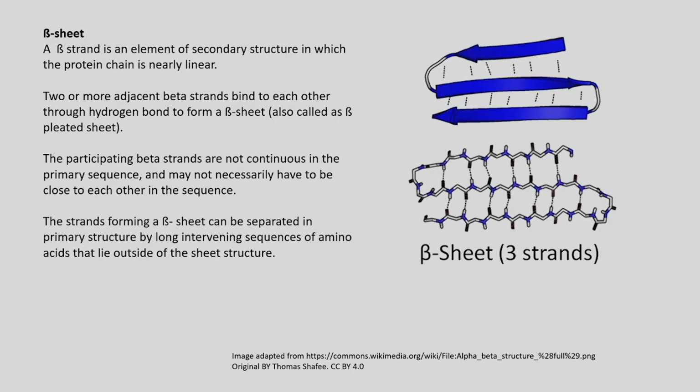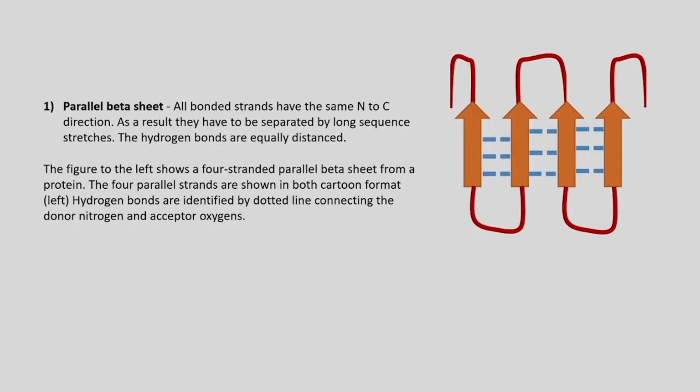These are also called beta pleated sheets. The participating beta strands are not continuous in the primary sequence and may not necessarily have to be close to one another in the sequence. The strands forming a beta sheet can be separated in primary structure by long intervening sequences of amino acids that lie outside of the sheet structure.